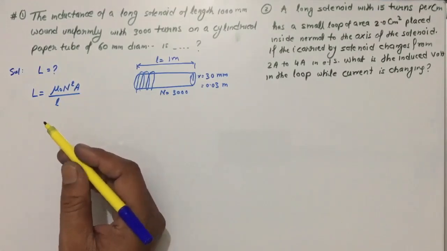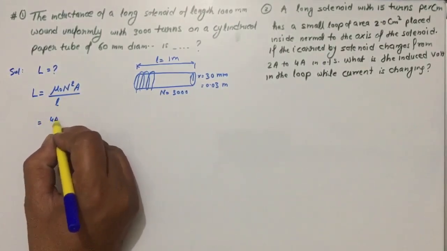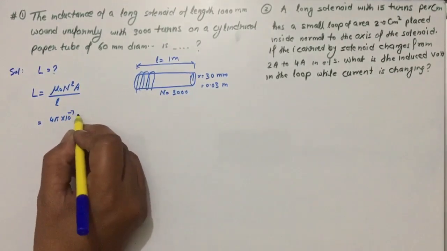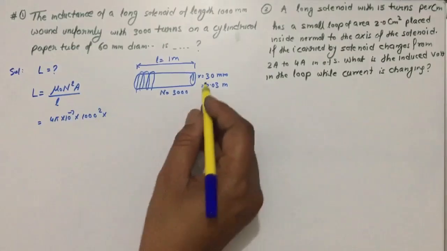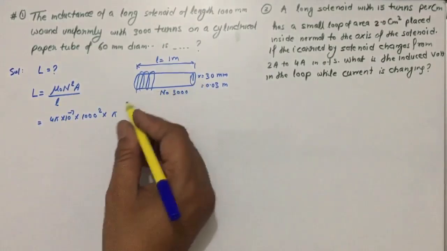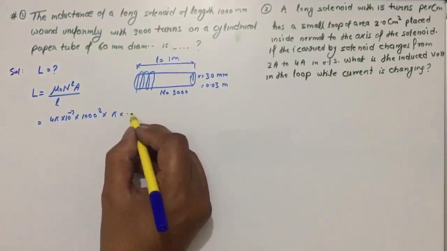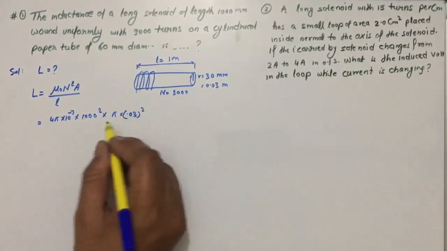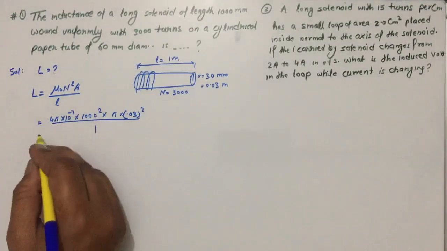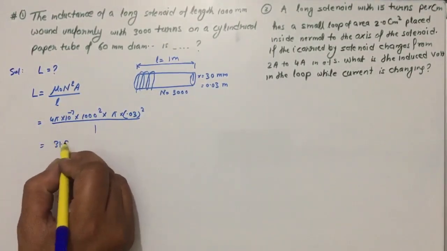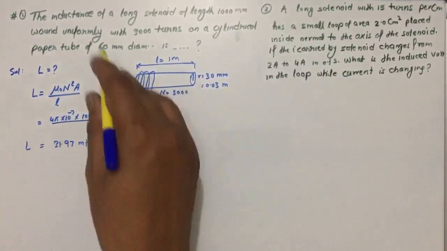Putting in the values, 4 pi into 10 to the power minus 7, N is 1000, area is circular so the cross-sectional area will be pi r square, that is pi times 0.03 square, divided by 1. When we solve this, we get 31.97 millihenry. So this is the inductance for this case.